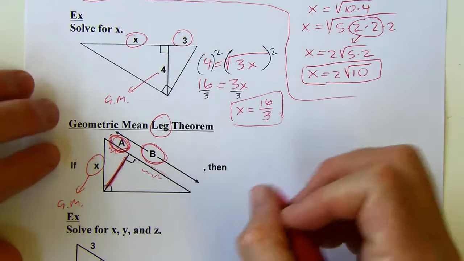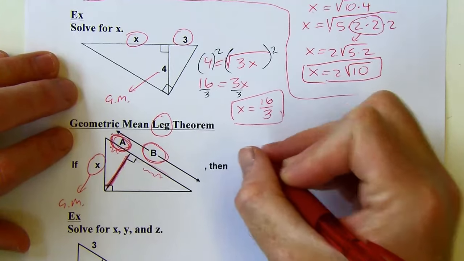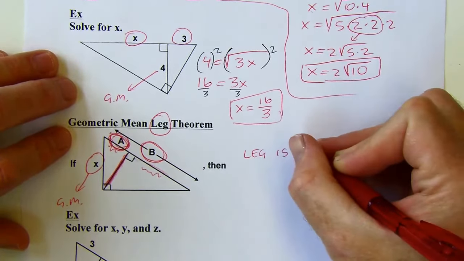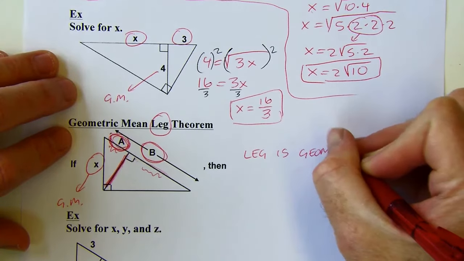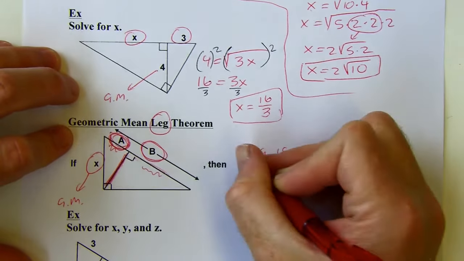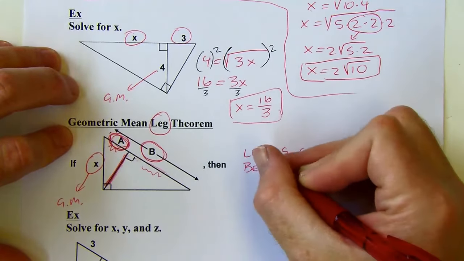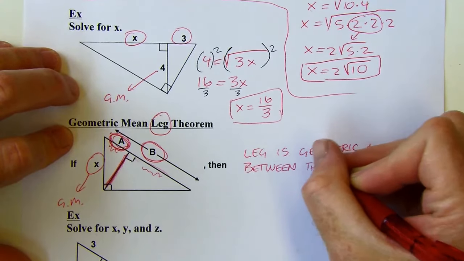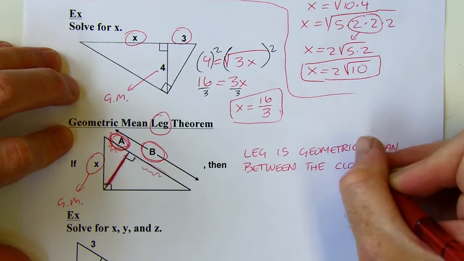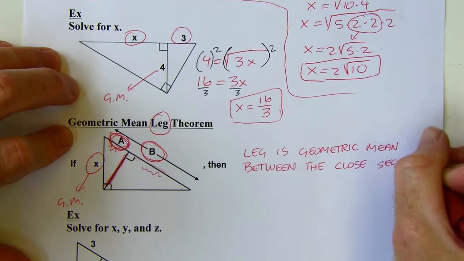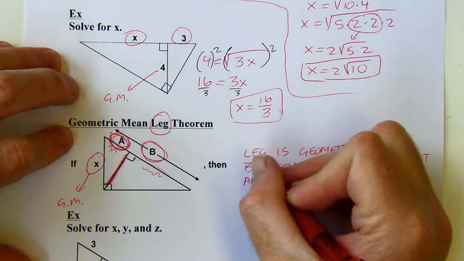So I think of it as the leg is the geometric mean between the close piece and the whole thing. So I'm going to say between the close segment and the whole hypotenuse.